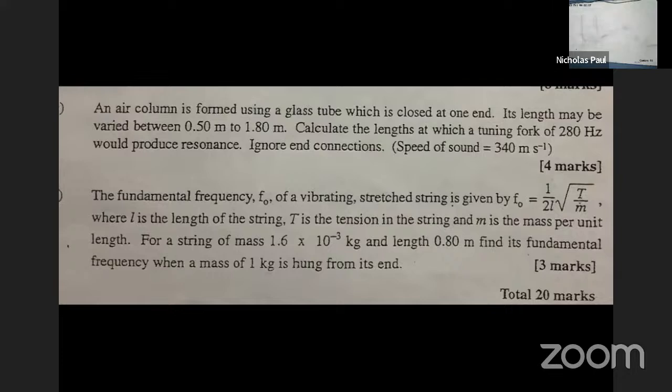See if we can figure out what lengths between 0.5 and 1.8 you'll be able to hear these stationary waves. So you have to figure out what you're going to do. You have the speed of sound and the frequency. They could adjust the length.